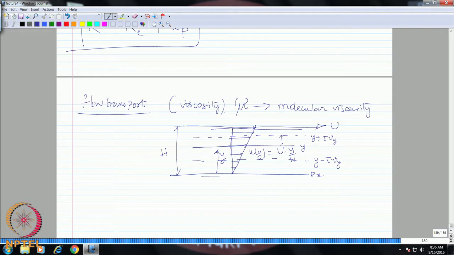So, you can use the same principle to calculate your net flux density of momentum in the y direction, net flux density of momentum.